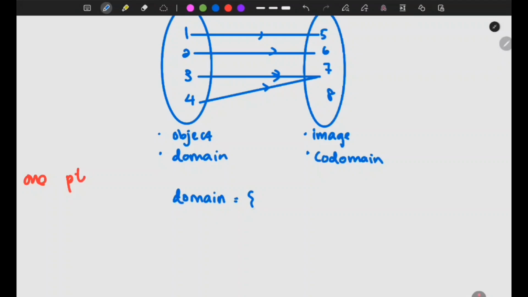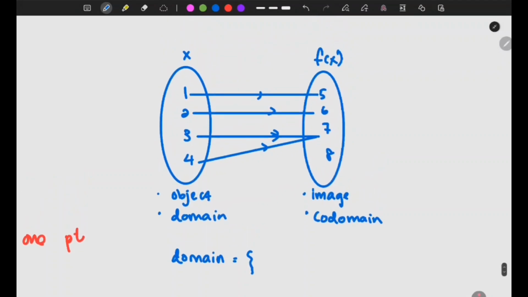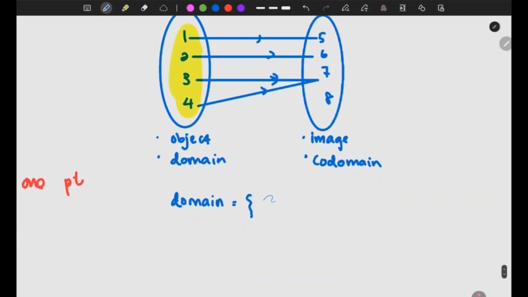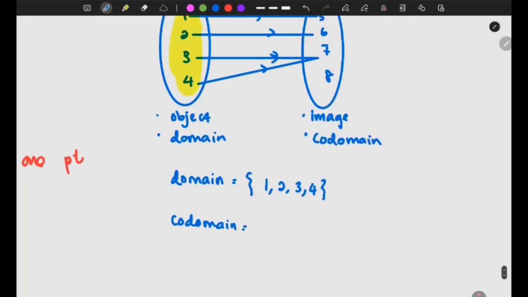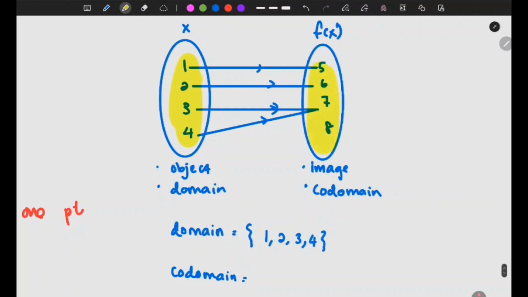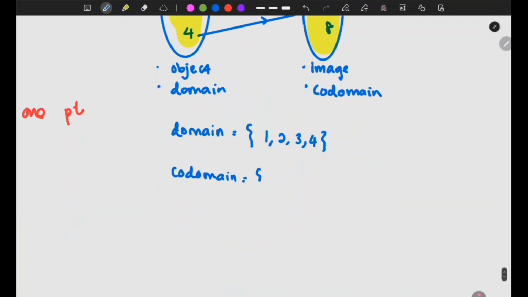Remember, do it in a curly bracket, whatever your x is, your domain: 1, 2, 3, 4. And if they ask you codomain, whatever is in your codomain, here 5, 6, 7, 8.